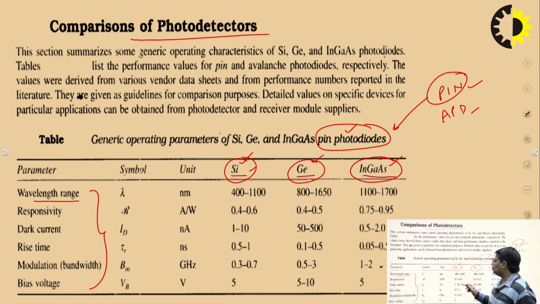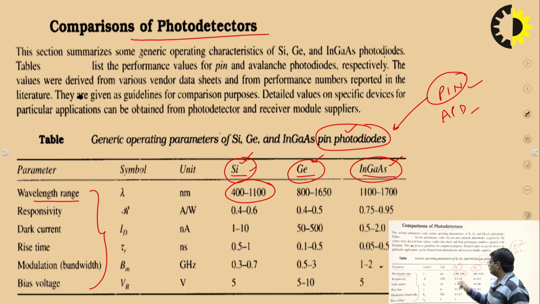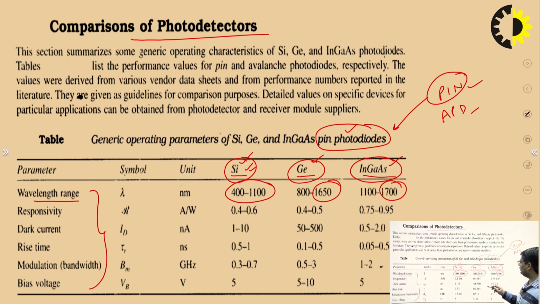If we have to operate in the short wavelength region, then a PIN photodiode made up of silicon performs better. If we have to operate in the longer wavelength region, then we prefer either germanium or indium gallium arsenide. In this way we compare the performance based upon these parameters.